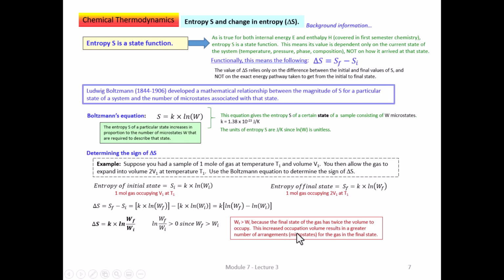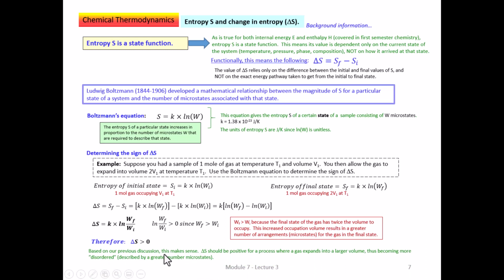The increased occupation volume results in a greater number of arrangements or microstates for the gas in the final state. Therefore, delta S is greater than 0 when the volume expands, because there are that many more microstates for the gas to occupy, so randomness increases and delta S is greater than 0.